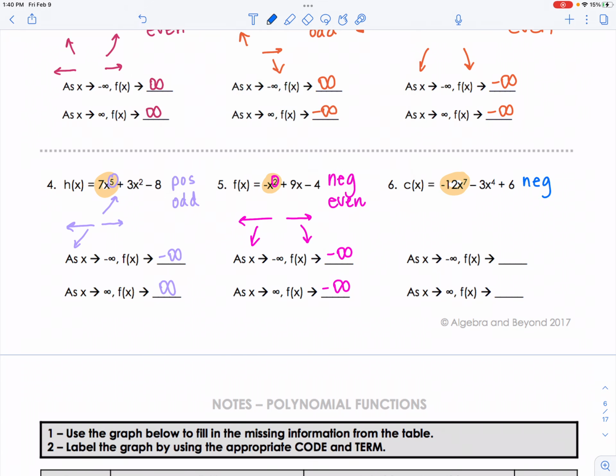Again, I just think of a negative line. It has a negative slope. So its end behaviors are, as we go to the left, as x approaches negative infinity, my graph is going up towards positive infinity. And as my x is going to the right, as my x is approaching positive infinity, my graph is going down towards negative infinity.